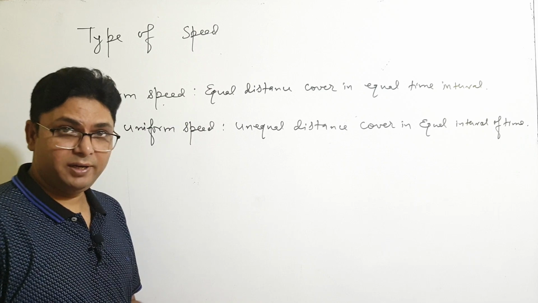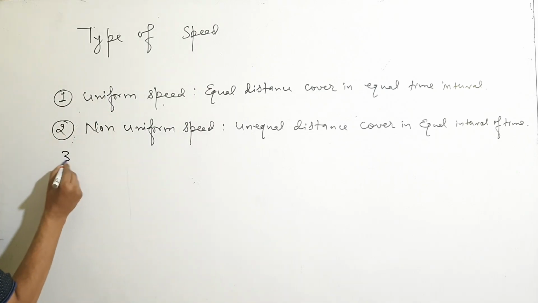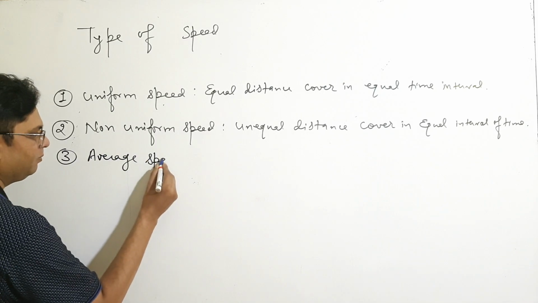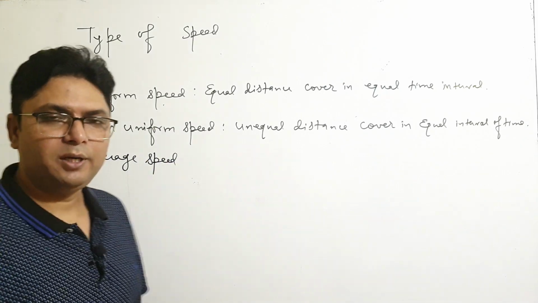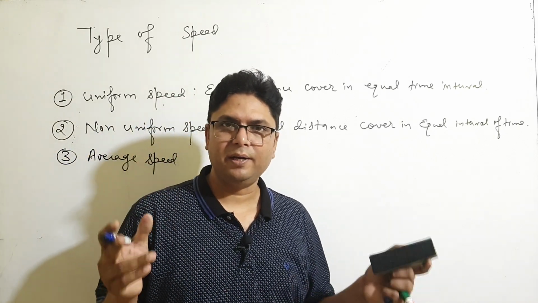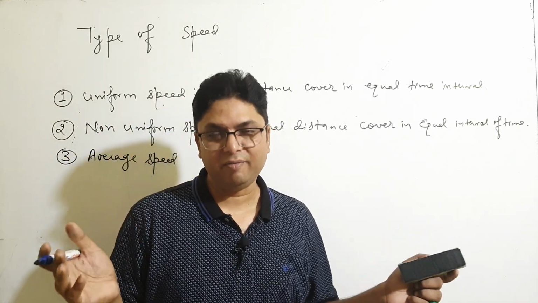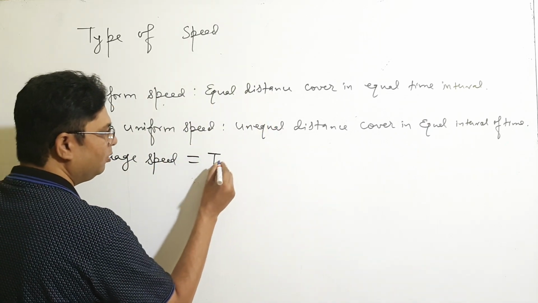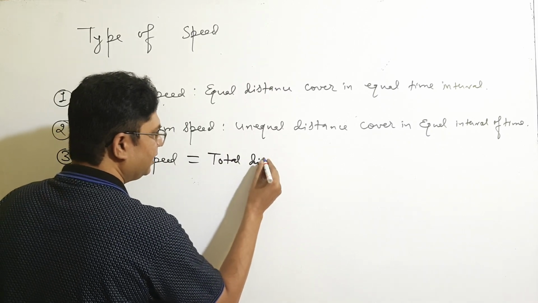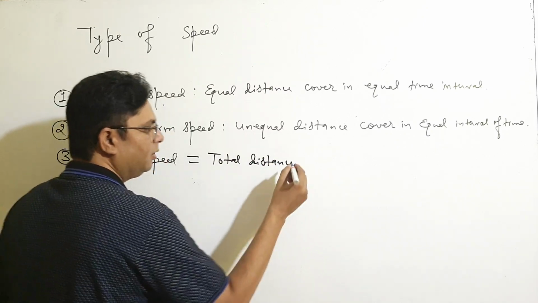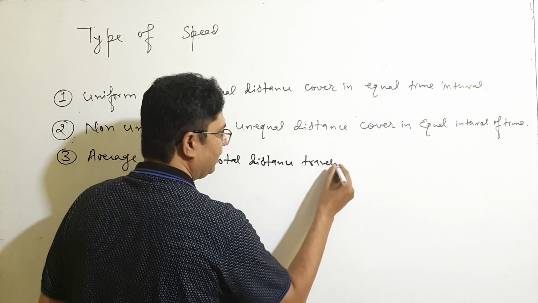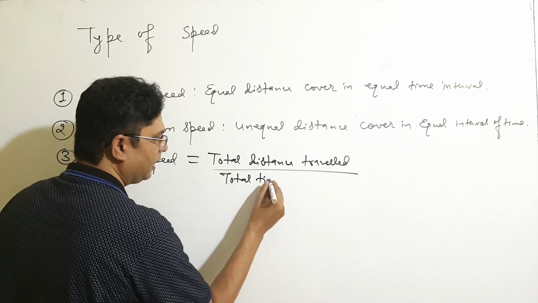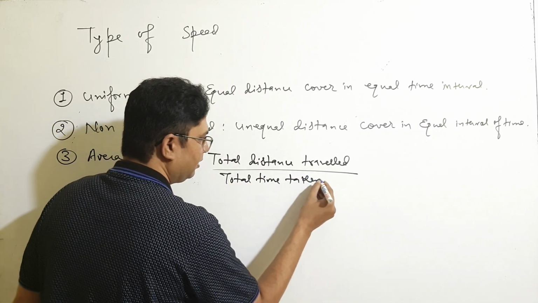Next, third is said to be average speed. Average speed: total distance covered divided by total time interval is said to be average speed. So average speed is equal to total distance traveled divided by total time taken.